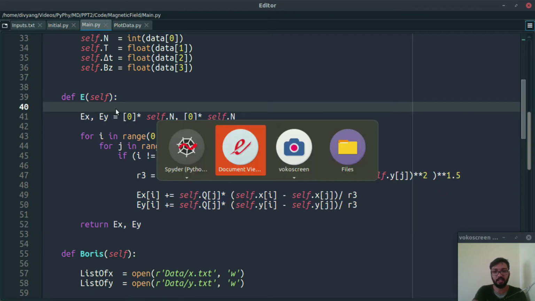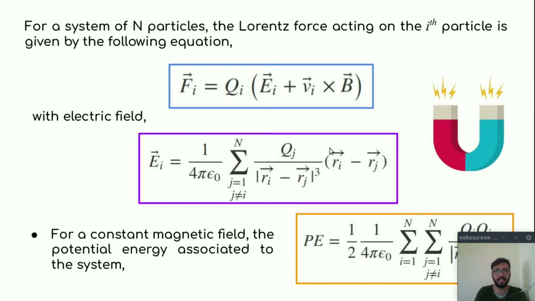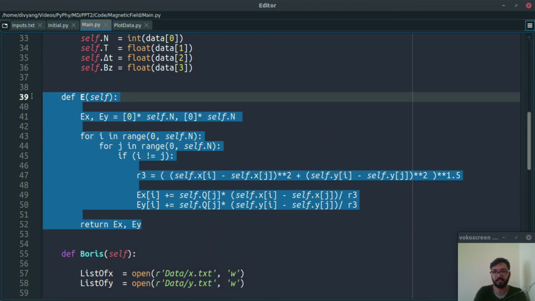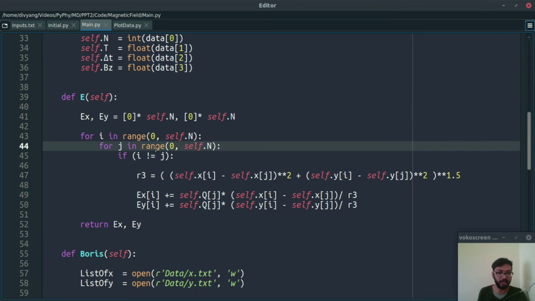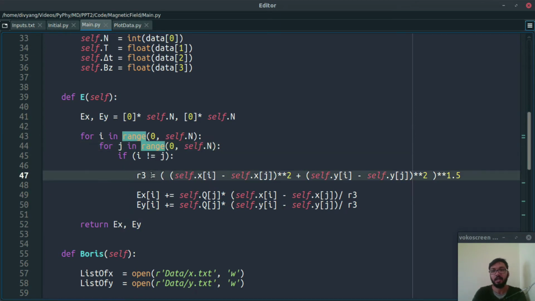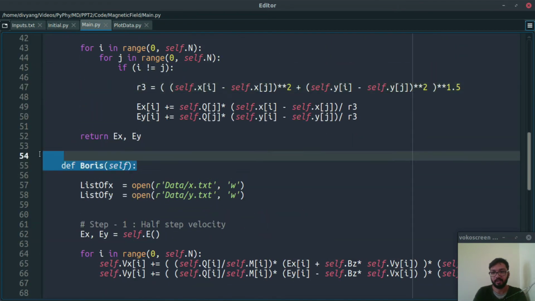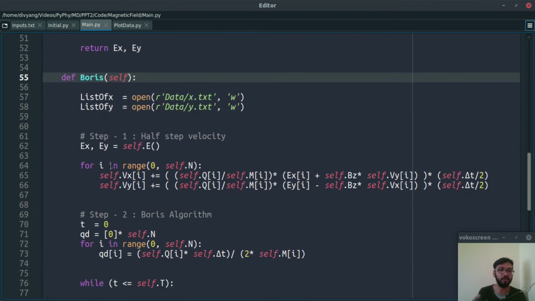With this expression, I'm writing this function to find out the electric field on the ith particle, right? And this is my Boris scheme. As you can see here, this Boris function will calculate the coordinates of my particle at the tth time, right?